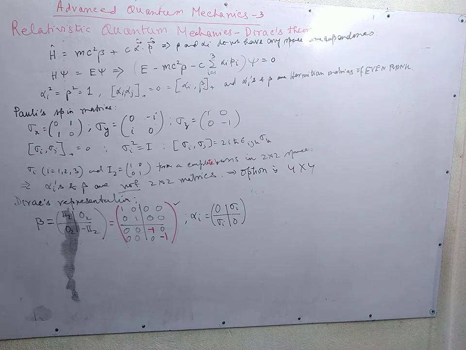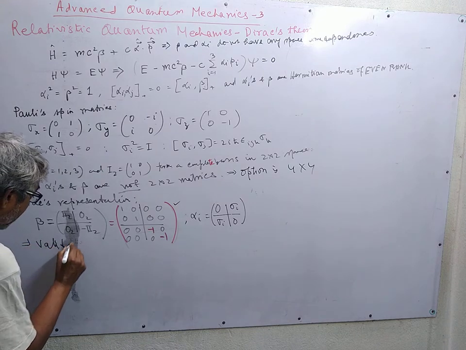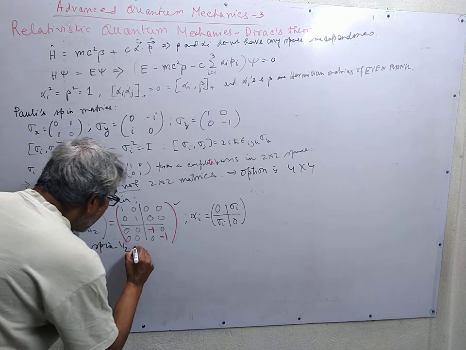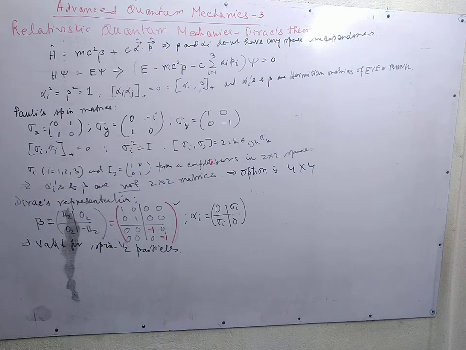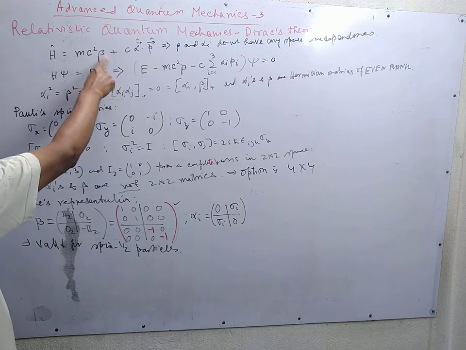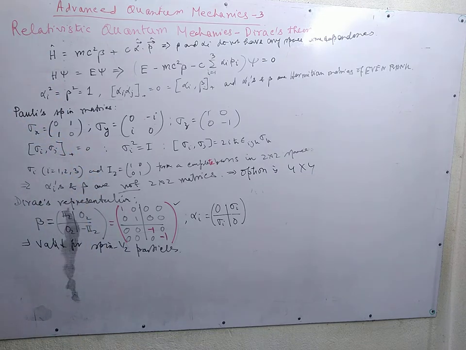This is assumed to be a theory which is valid for spin half particles. If we want to write the wave function in this equation, since the Hamiltonian is a 4 by 4 matrix, the wave function is a column matrix of order 4, which has 4 components.